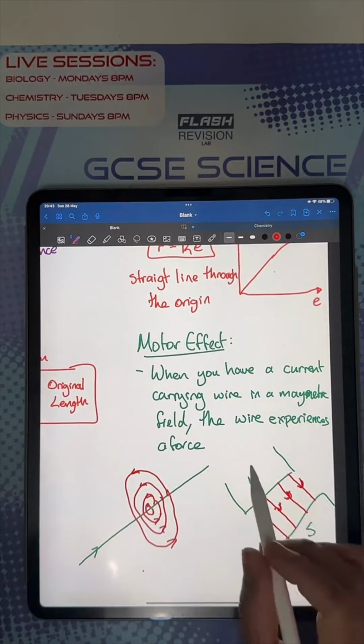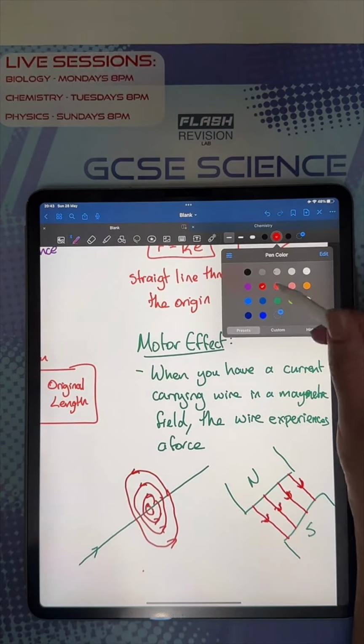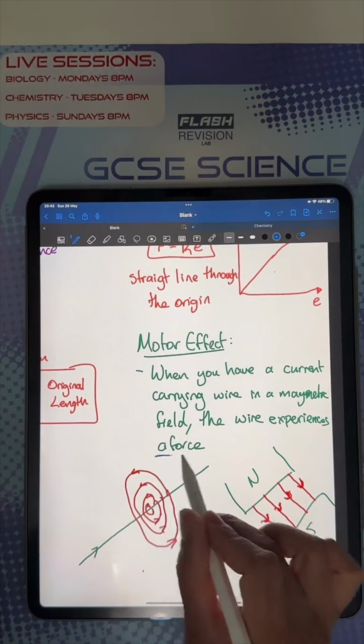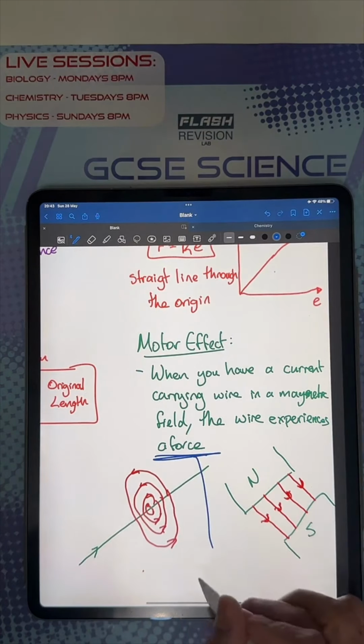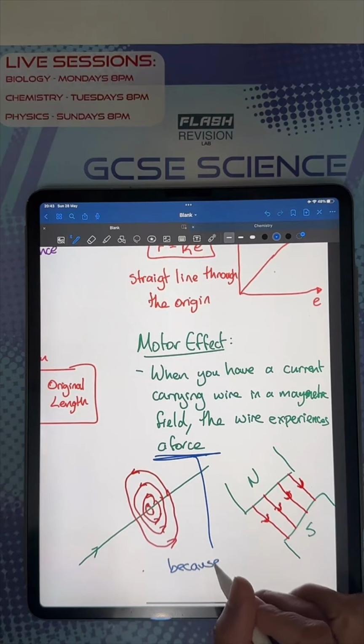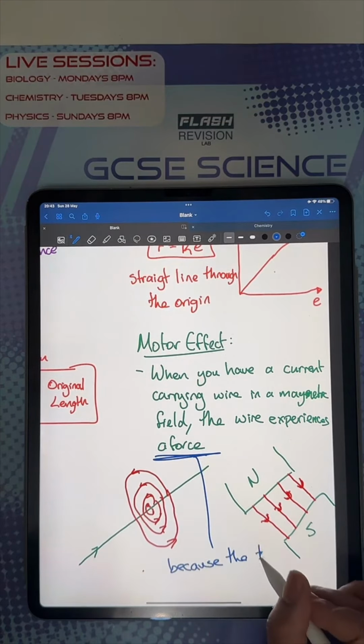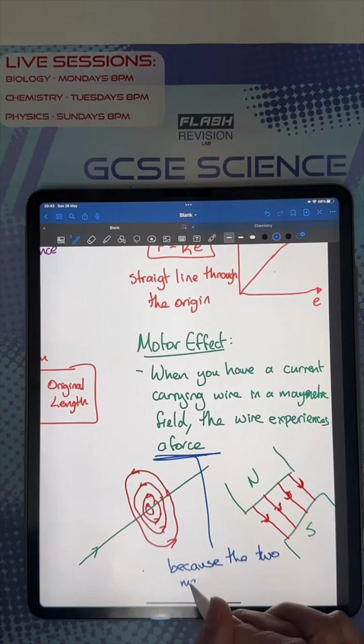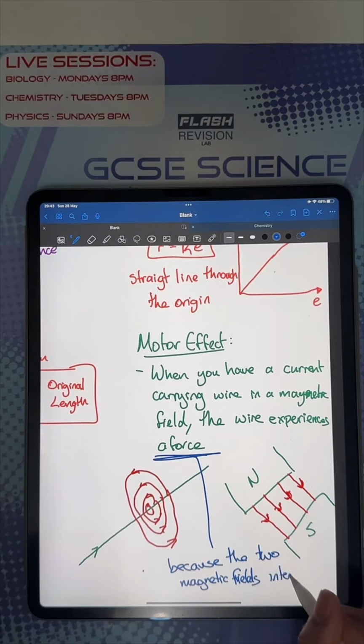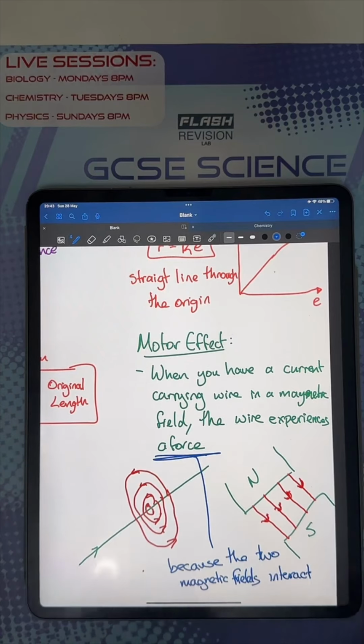So the wire experiences a force, because the two magnetic fields interact. What does the force do?